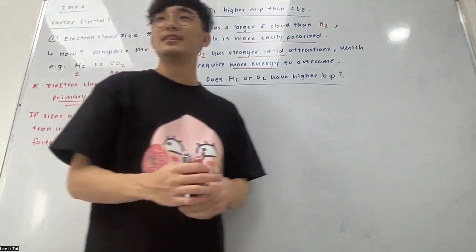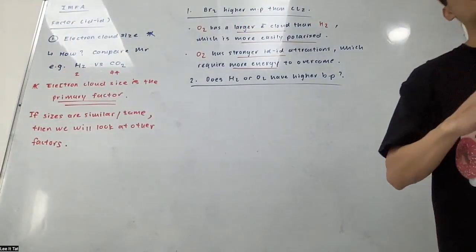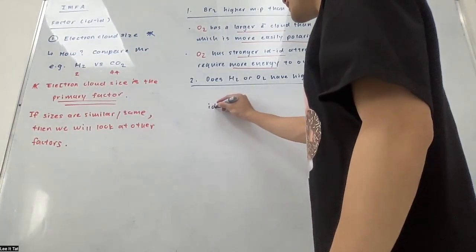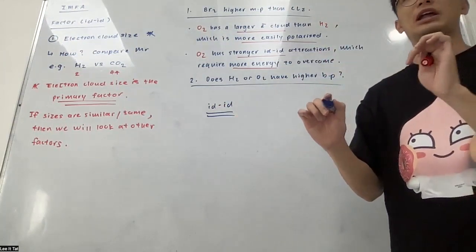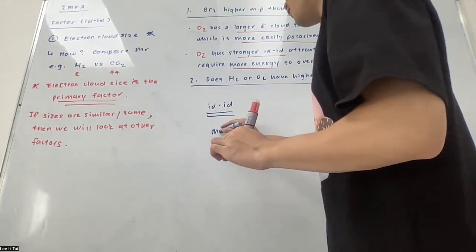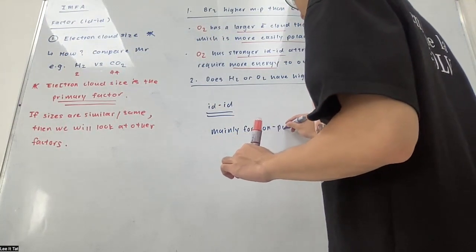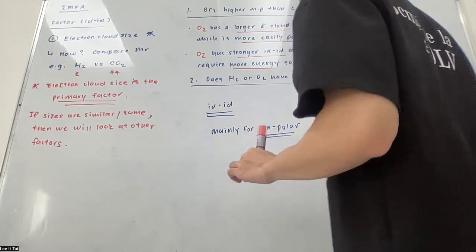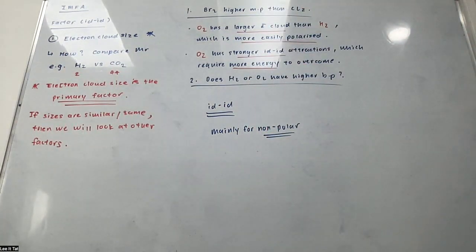Any issues here? Okay, so let me just recap what we have done in this segment. We have discussed ID-ID attractions. This is the intermolecular force, mainly for non-polar molecules. That's why for all the three questions that we have done, bromine, chlorine, hydrogen, oxygen, all the atoms are the same.